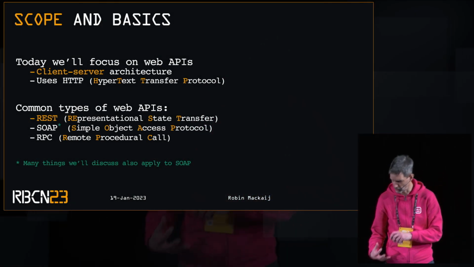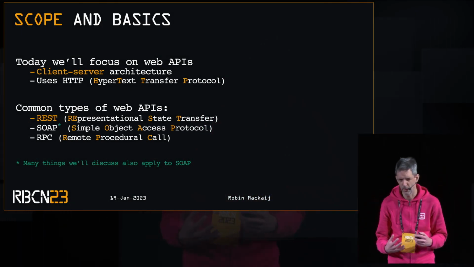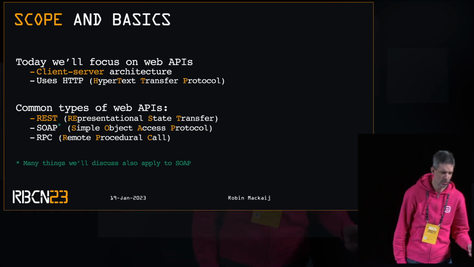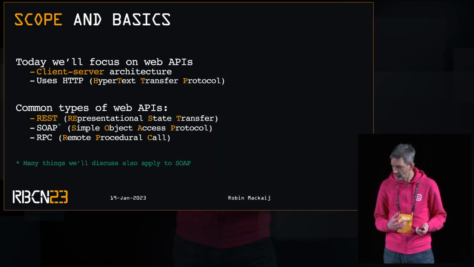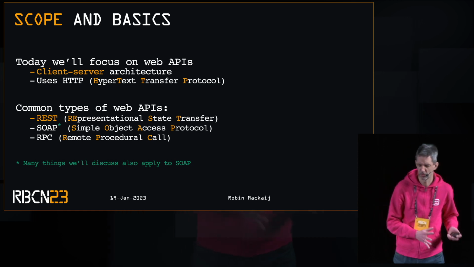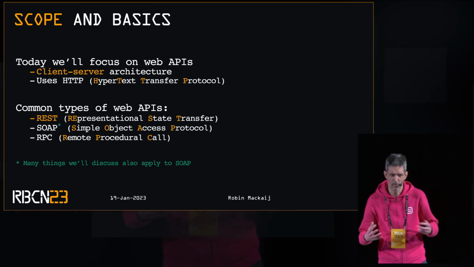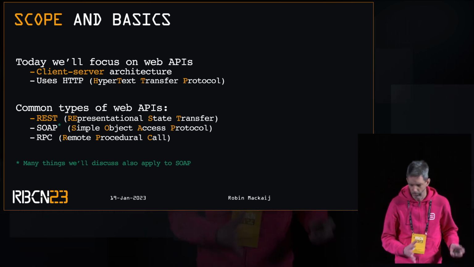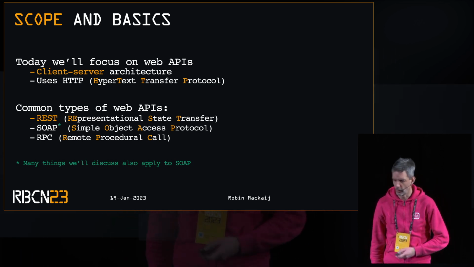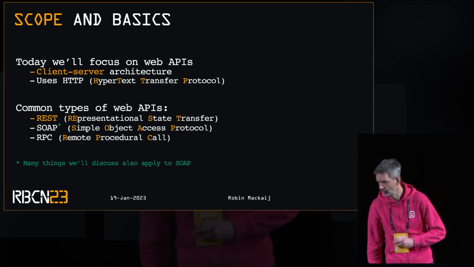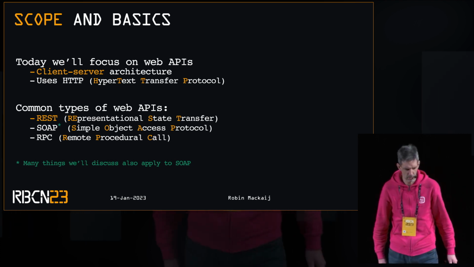I won't be going into SOAP, but a lot of things that are applicable to REST are applicable to SOAP, just the data formats are a bit different. RPC is also interesting, but the model behind it is different, and it's not as much used, I think, by most of us. But it's also there. Just know it's also web, it's also HTTP, you just do things a bit differently.